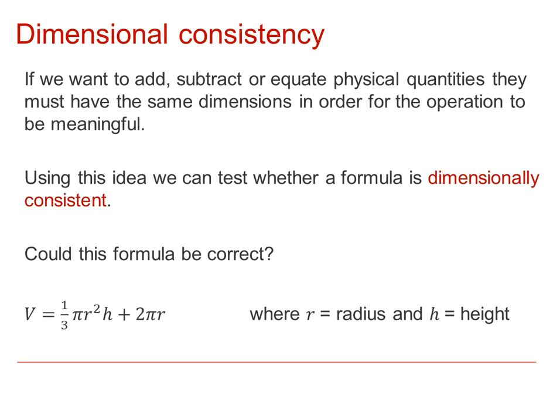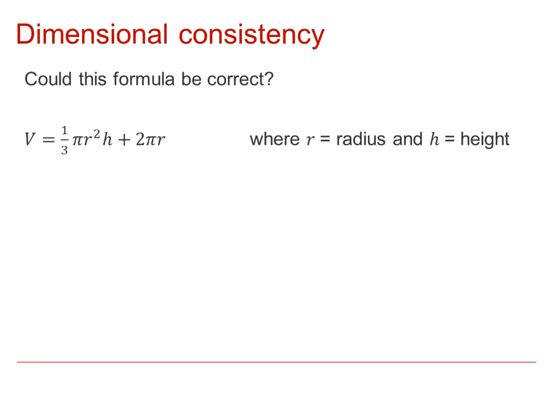So if we look at this particular equation, we've got volume on the left hand side and then two parts to the equation on the right hand side, then we can decide whether this is a possibility by looking at the dimensions of each part. Well, we know that the dimensions of volume are length cubed, and so if we look at the first part of the right hand side, 1/3 pi r squared h, well, 1/3 and pi are both constants, so they are dimensionless.